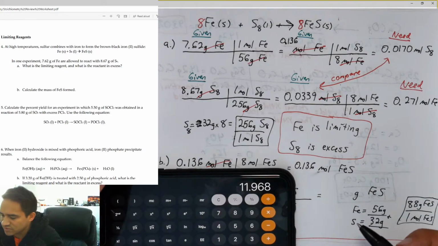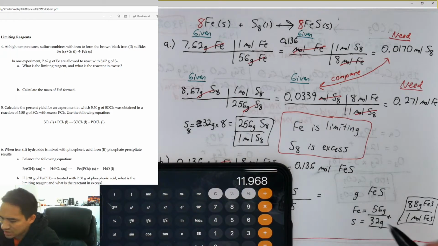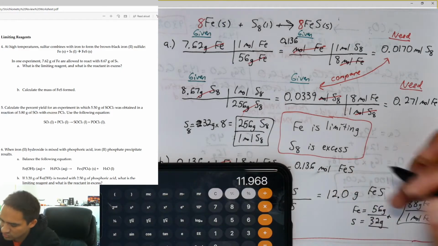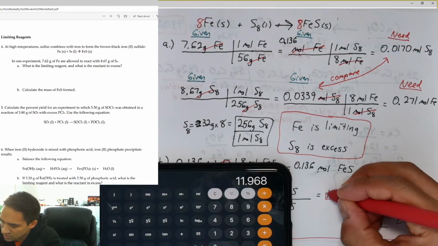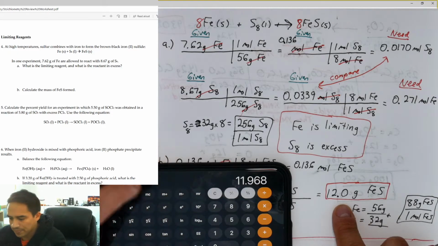And let's round this to 3 significant figures. So 11.9, the 6 would round that up to a 10, which would round this whole thing up to 12.0 grams of iron(II) sulfide can be made. Okay, so there is our answer for number 4, letter B.